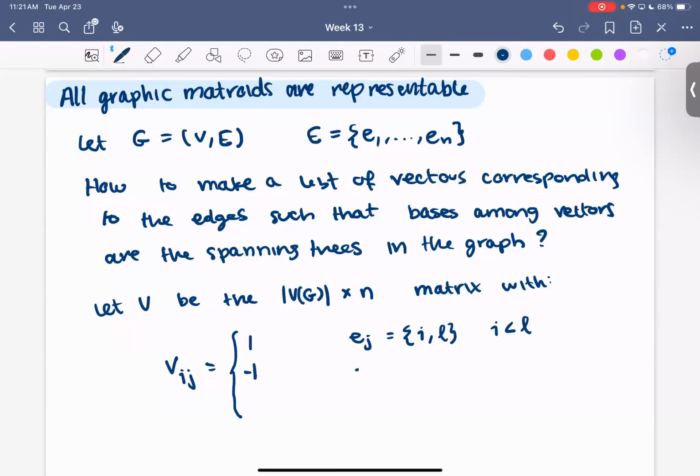So -1 if e_j is equal to (i, l) with i bigger than l. So each column is going to correspond to an edge. I have to decide arbitrarily which side of the edge is the head and which side is the tail. And I'll put a 1 if it's the head and a -1 if it's the tail, and a 0 otherwise.